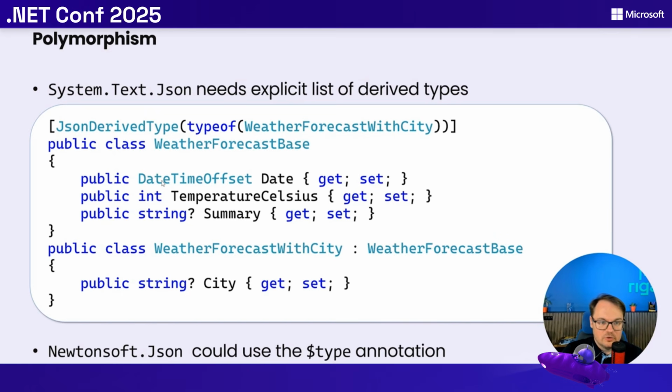Instead, if you want to use derived classes, you need to explicitly allow them with this JsonDerivedType attribute. So we had to somehow detect that polymorphism was used in the view model, because we supported it in some scenarios with some restrictions. However, in System.Text.Json, it doesn't work.